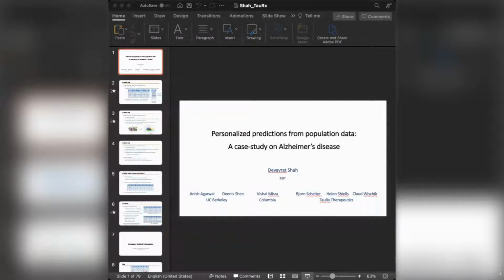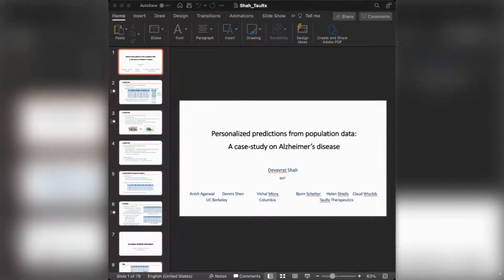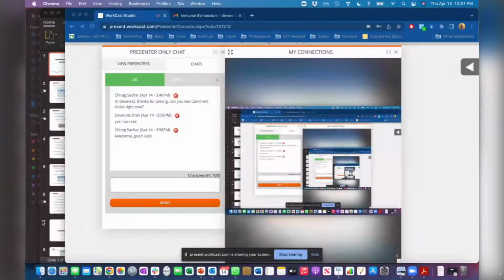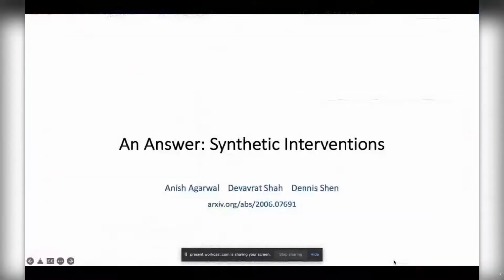Maybe you can stop sharing and share your full screen. Share entire screen. Okay, and then I go here and do the full screen thing. Awesome, now it's fine, right? Yes, perfect. Okay, great.